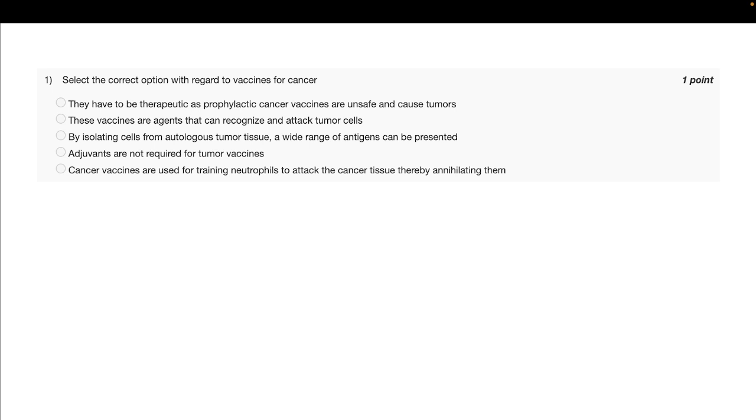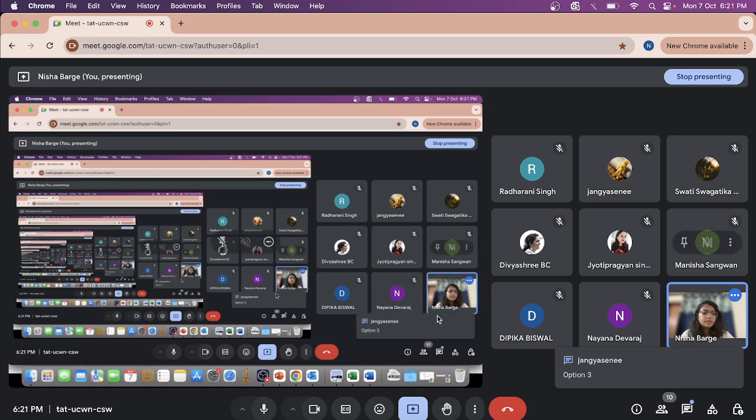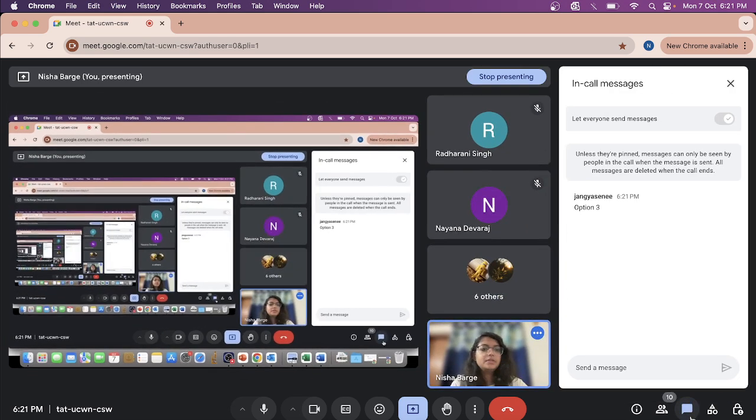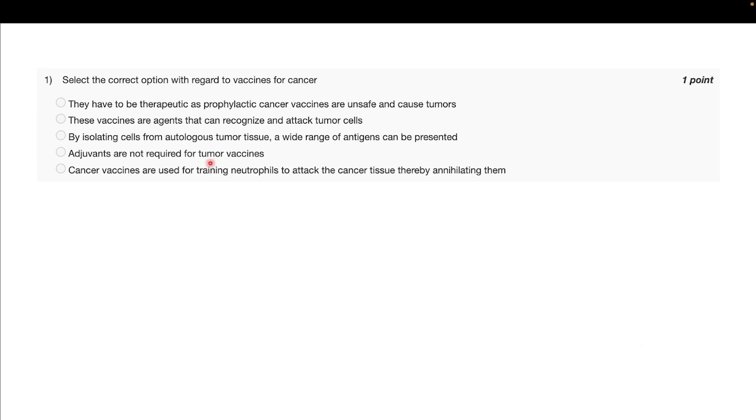Ma'am, option 2 is correct. Okay, these vaccines are agents that can recognize and attack tumor cells. Okay, anybody else? Thanks for answering. Okay, someone is saying option 3 in the chat box, which is by isolating cells from autologous tumor tissue, a wide range of antigens can be presented.